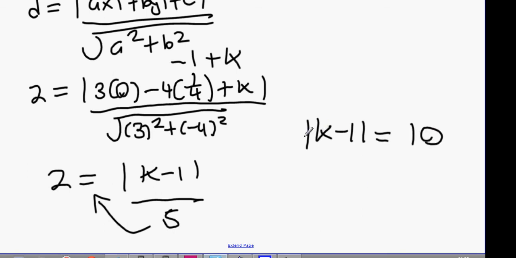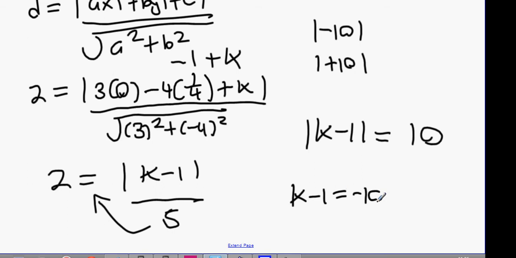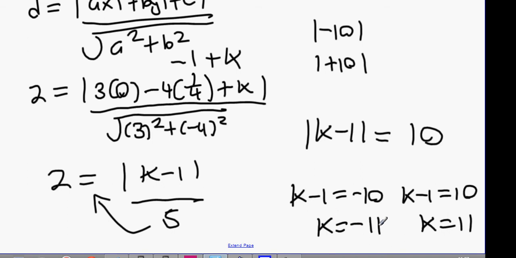Within the modulus signs, it either has to be minus 10 or plus 10, because the positive value of both of them is 10. Or you could square both sides and get a quadratic equation, but I'd prefer to do it this way. k minus 1 equals minus 10 and k minus 1 equals 10. This will make k equal to 11 and k equal to minus 9.